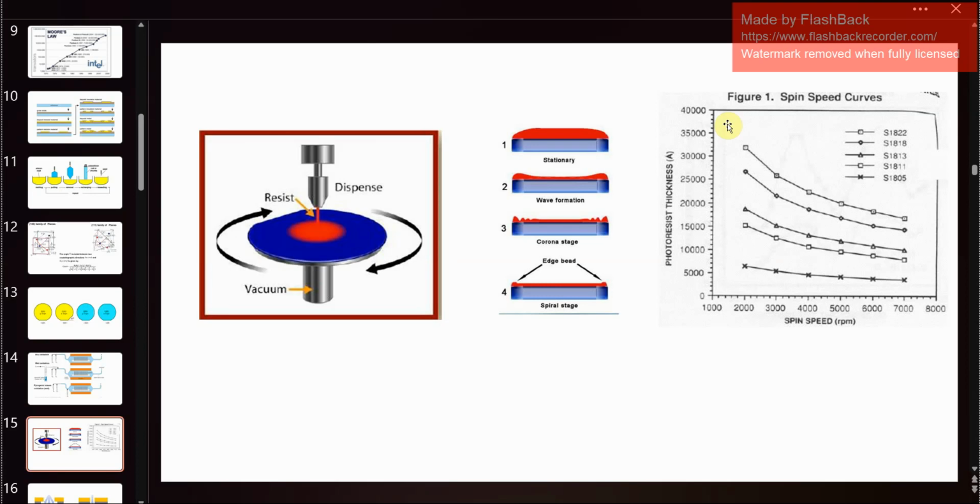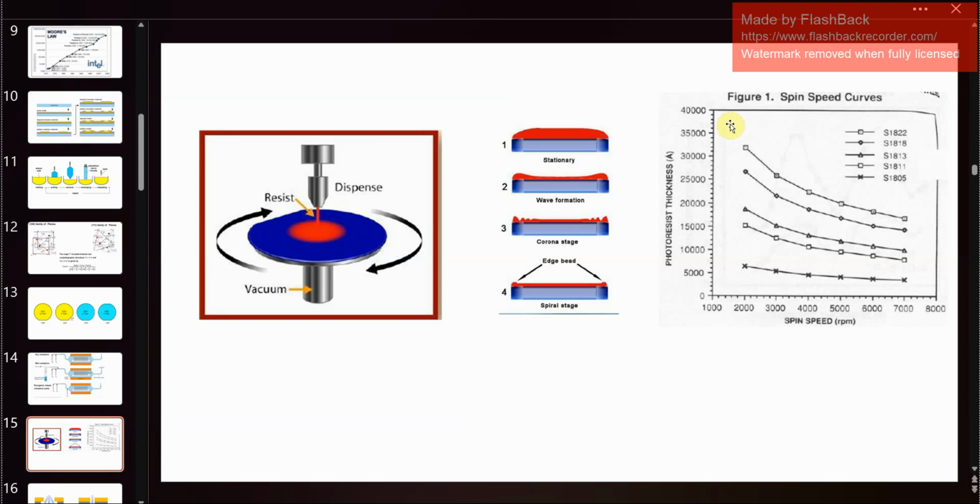So the layer that we can achieve will be different, and how the layer looks will also differ depending on all these characteristics. So it is very important that all these parameters are noted and found out. All these things depend on your experience.